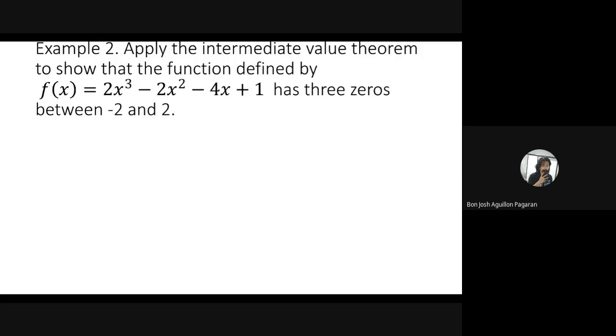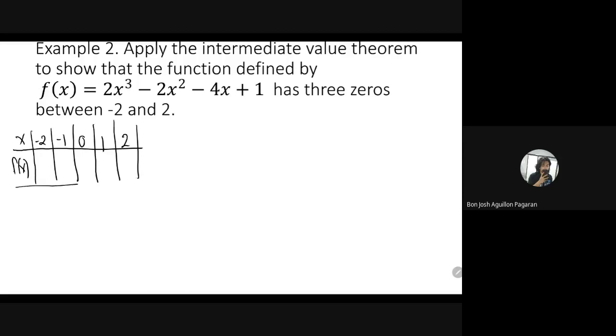So how do we do it? Let us just construct a table of values. That's between negative 2 and 2, so our a there is negative 2 and our b is 2. Okay? So our x will be negative 2, negative 1, 0, 1, and then this will be 2. And here is our f of x.